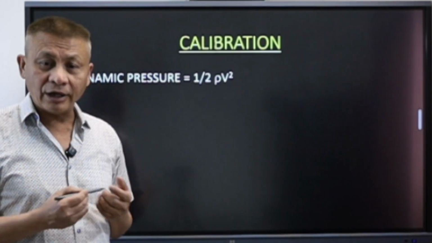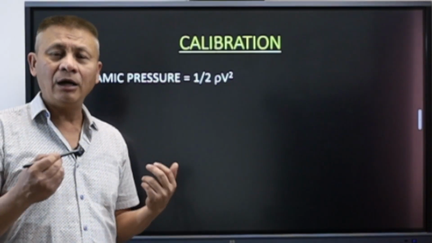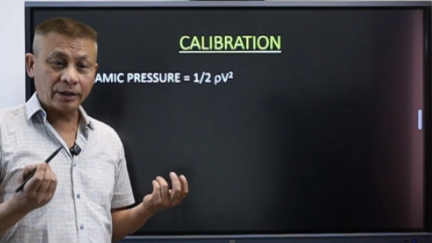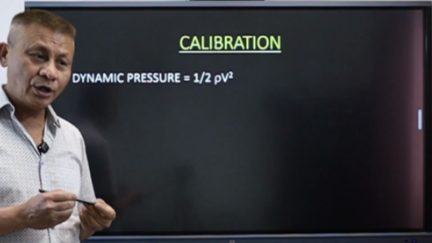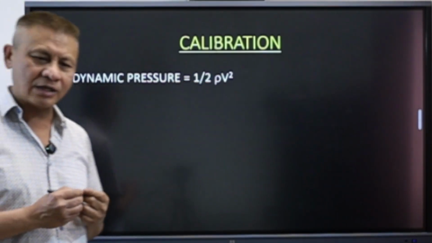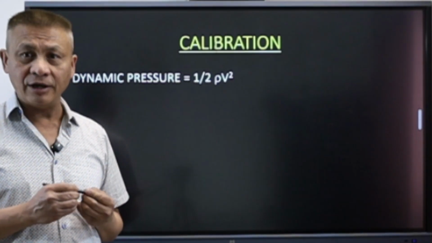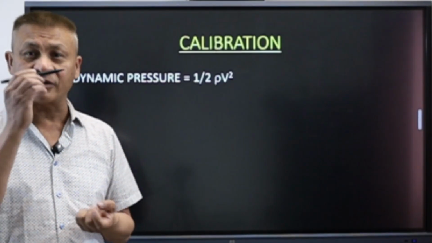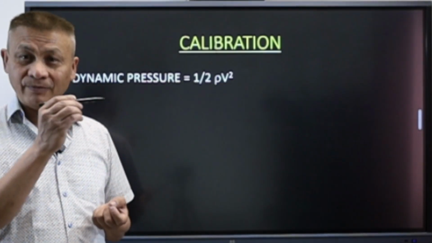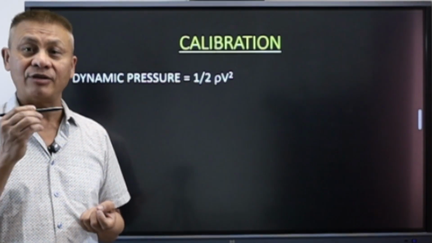Now we need to derive the relationship between the dynamic pressure and the speed of the aircraft. That relationship is half rho v square. You may recollect when you were studying class 10, 11, 12, you learned something known as kinetic energy. That is the energy possessed by a particular substance because of its motion. When we talk about a solid particle, it has a particular mass, isn't it?